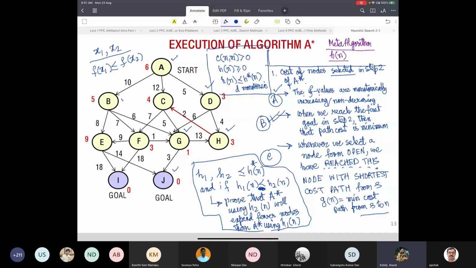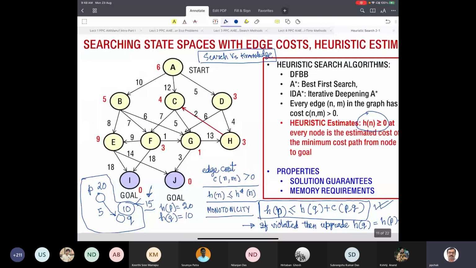So if I write F(n_i) equals G(n_i) plus H(n_i), and then in my solution path I go to the next node and I write F(n_{i+1}) equals G(n_{i+1}) plus H(n_{i+1}). Now of these two components, I know that G(n) will be strictly increasing because the cost is positive, but the heuristic as we go towards the goal will be decreasing. Yeah, but even if the heuristic goes towards the goal, it will satisfy the monotonicity property that I just talked about.